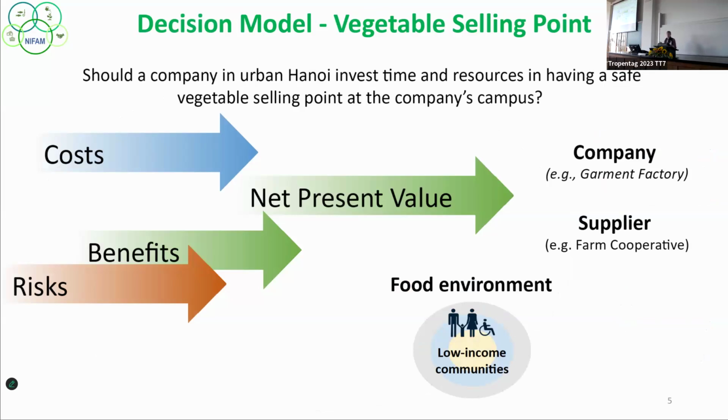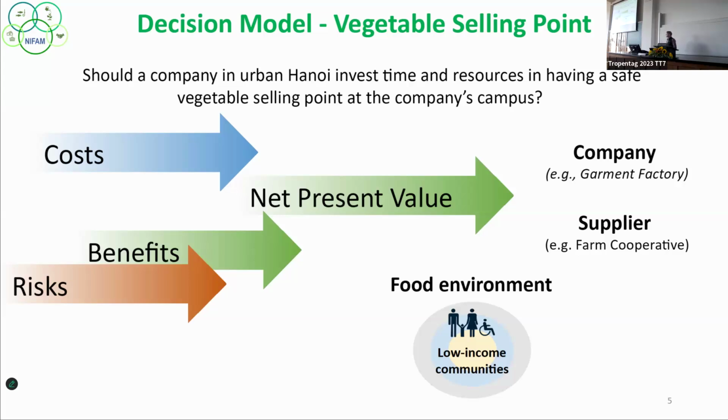And with this model, we formulated a general understanding, very complex. The model has too many variables to show you here, but we try to incorporate all relevant costs, benefits, and risks of making a change to the food environment, and whether we think that would have an effect on the company's bottom line. They care about their bottom line. They want to make sure not to lose a lot of money through this. Would people stay on? Would they get a good benefit from this?